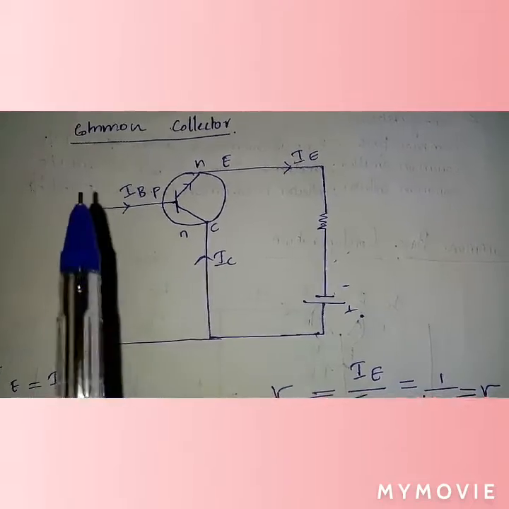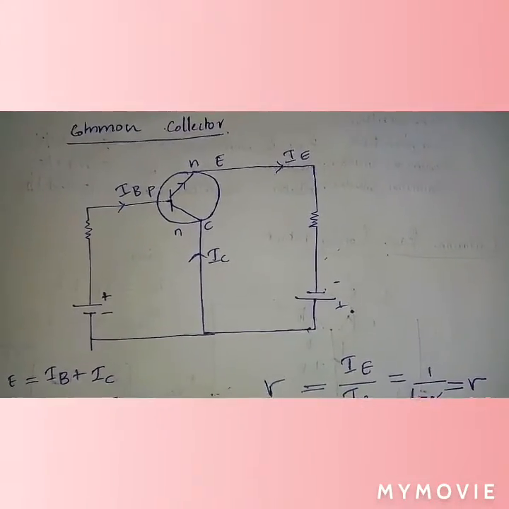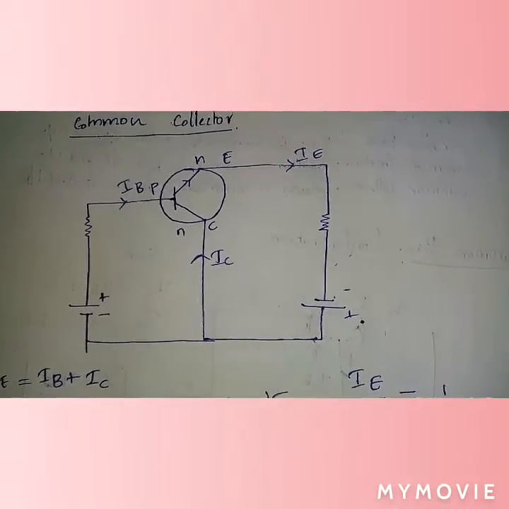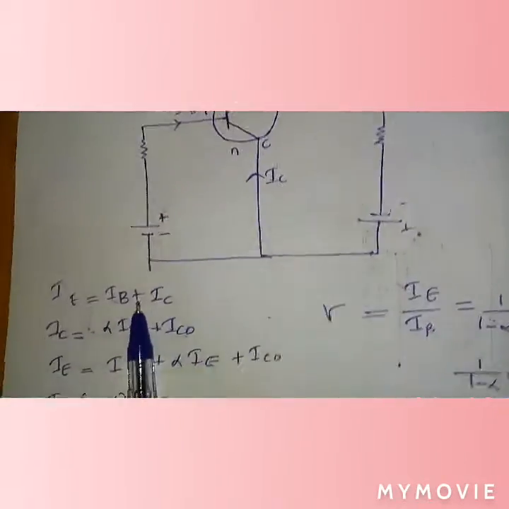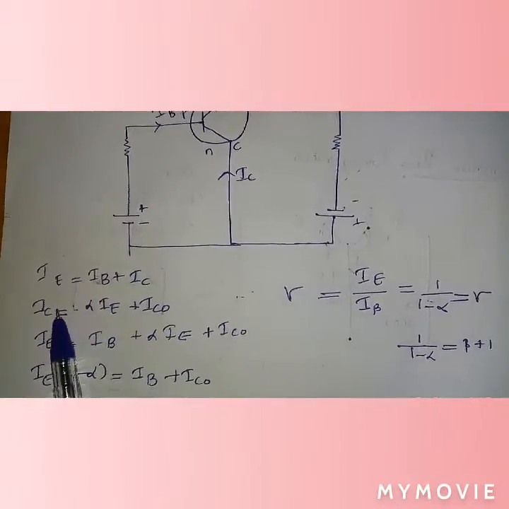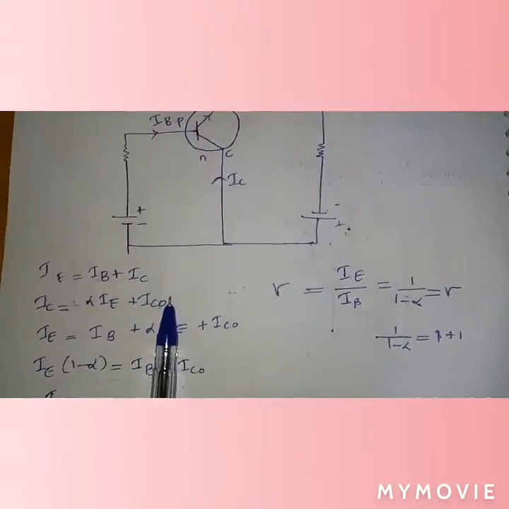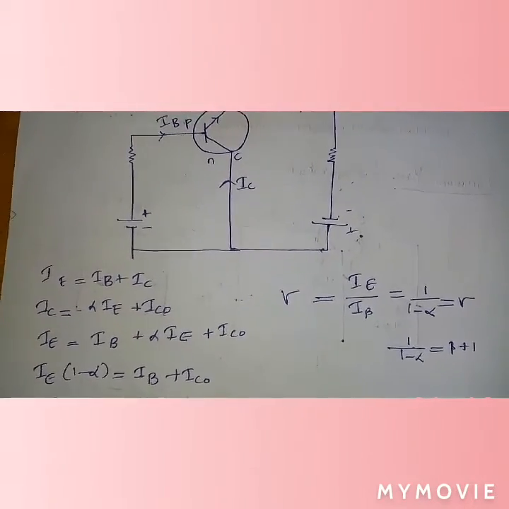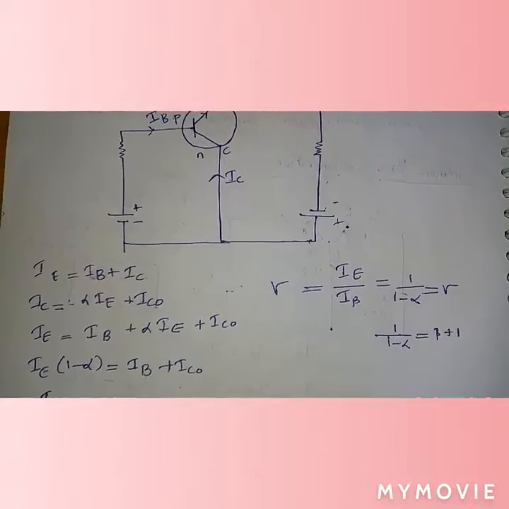Next we are going to study the common collector configuration, in which the collector is common to input and output. Here also we use the basic equations IE is equal to IB plus IC, IC is equal to alpha IE plus ICO. From these procedures we should know that this basic equation is very important.